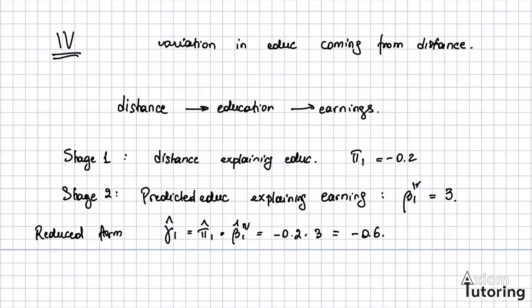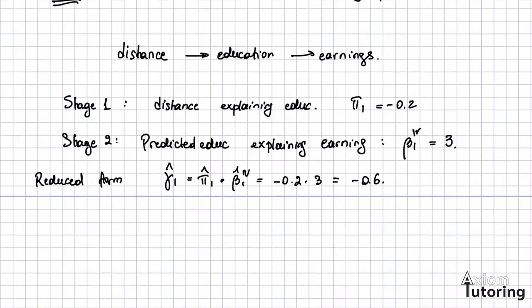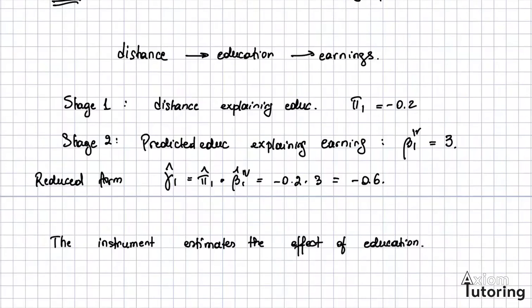Now, there is one important clarification that I want to bring here, because students often say the instrument estimates the effect of education, okay? Now, the instrument does not estimate anything directly, okay? So this is not the correct way of expressing it.